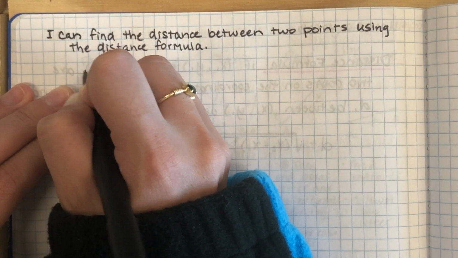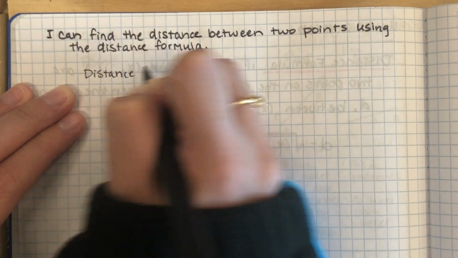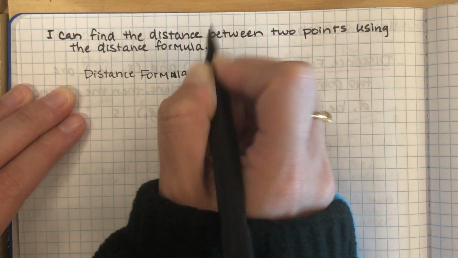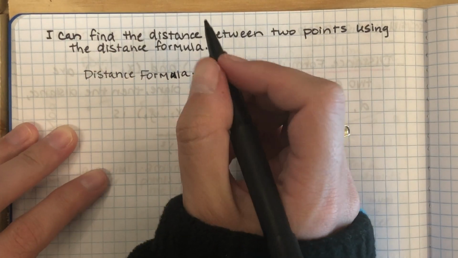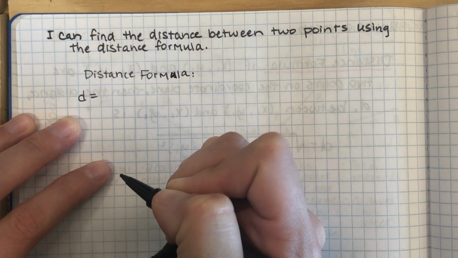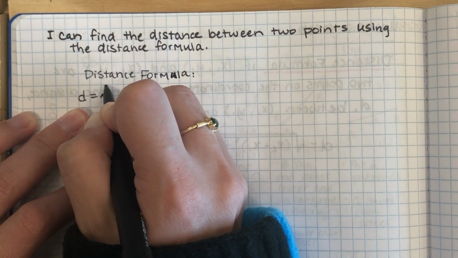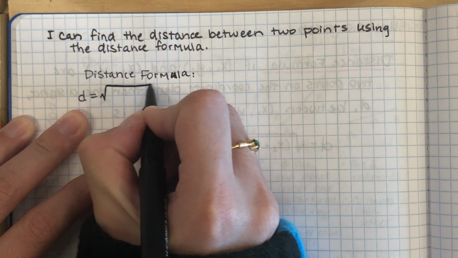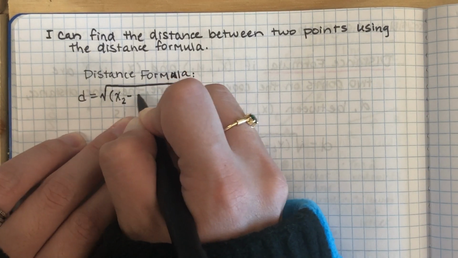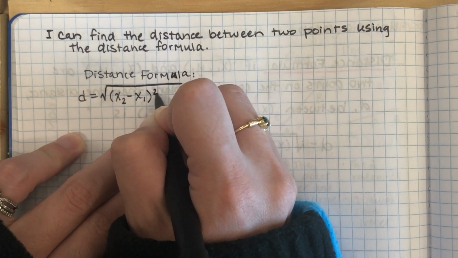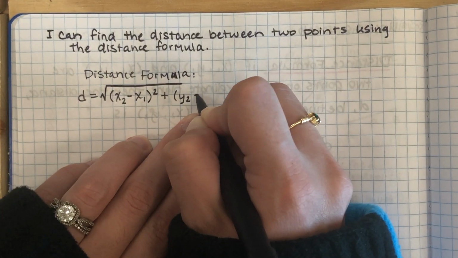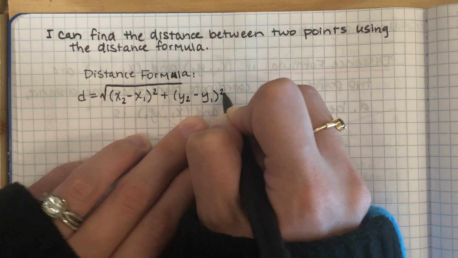So when we're talking about the distance formula, it's going to look really messy at first, but I promise it will make a lot more sense soon. So the distance formula, we're going to have d equals the square root of x sub 2 minus x sub 1 squared plus y sub 2 minus y sub 1 squared.